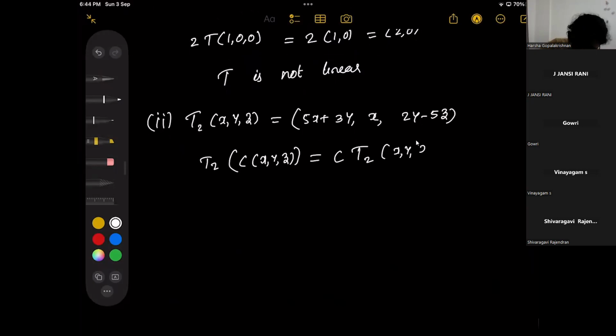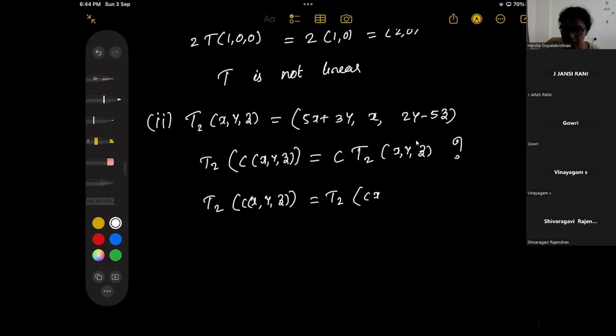So we will start with T2 of C(x, y, z). C(x, y, z) means Cx, Cy, Cz. Now we will apply the definition of T. Instead of x, we have Cx here. So 5 times Cx plus 3 times Cy.